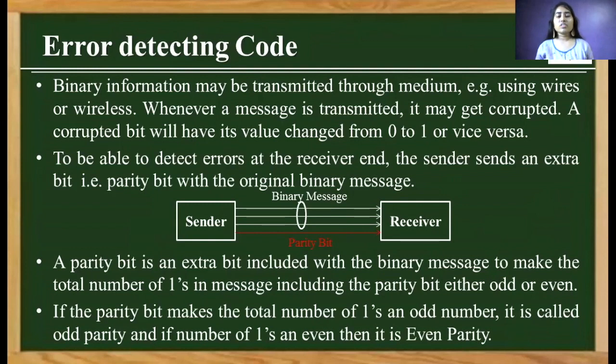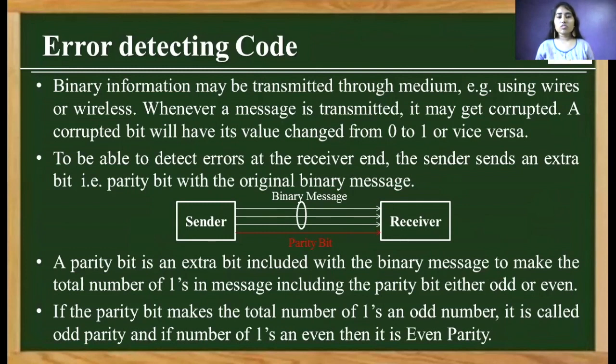Sender and receiver both have an idea about this even parity bit message or odd parity bit message. Whenever the sender sends a message with even parity, there are a total of even number of ones in the message. So whenever the receiver receives the message with even parity, that means it has the correct bit pattern.